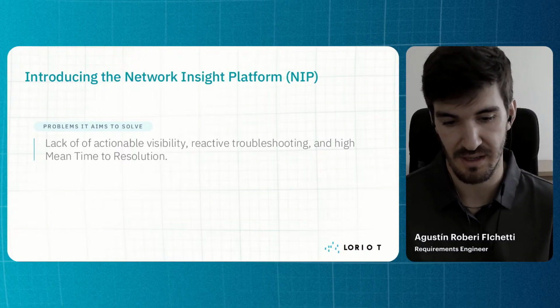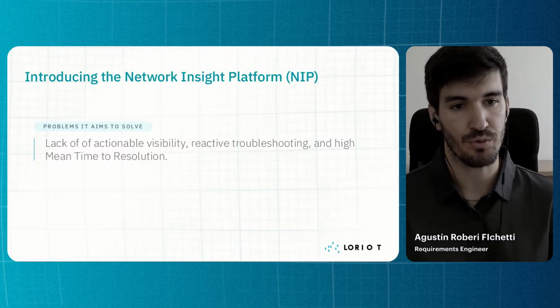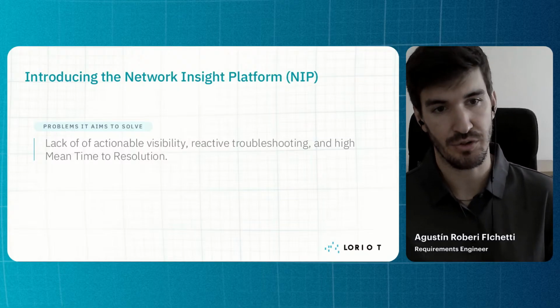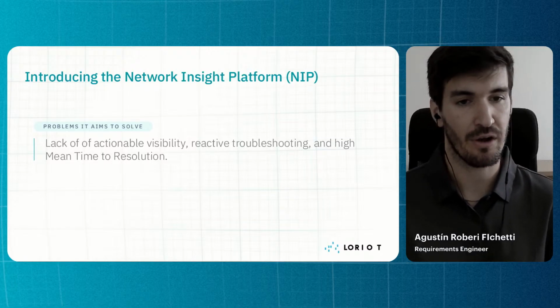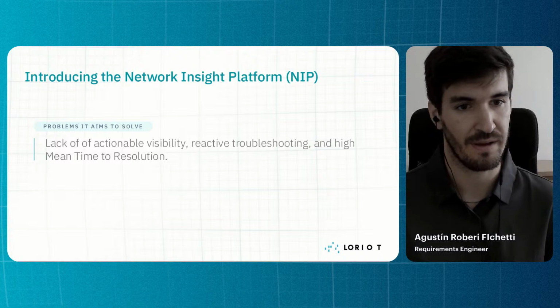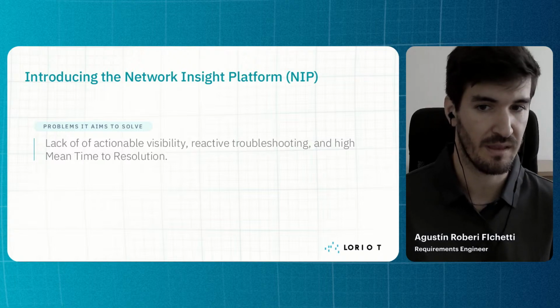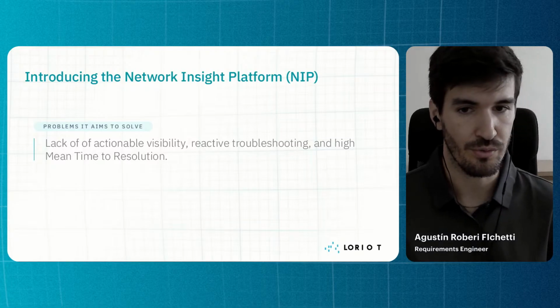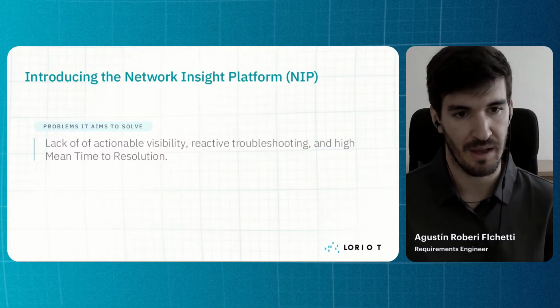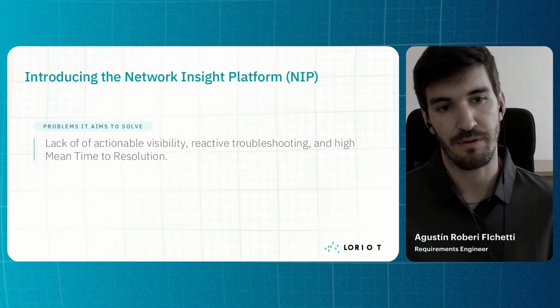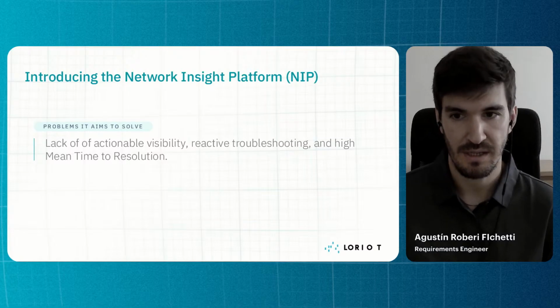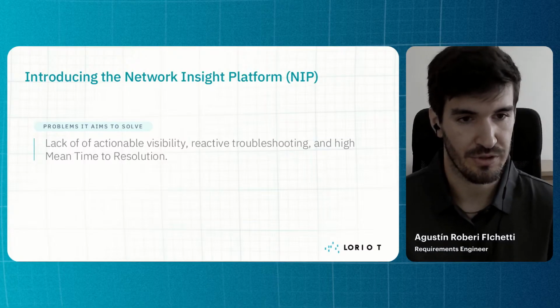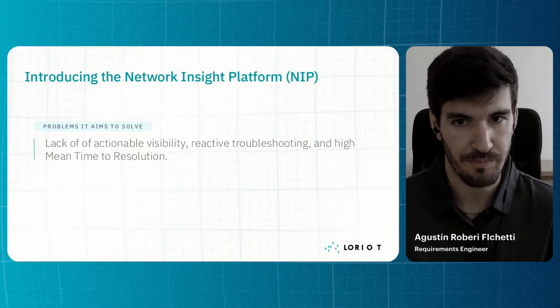And not being able to proactively detect issues before the customer does is sometimes the deal breaker with the customer. Receiving complaints all the time and not detecting them before the customer does is really expensive for a business. And obviously there's the high mean time to resolution, the man-hours spent to solve a single issue.